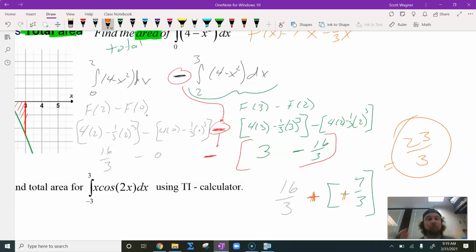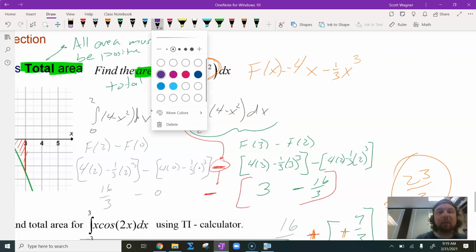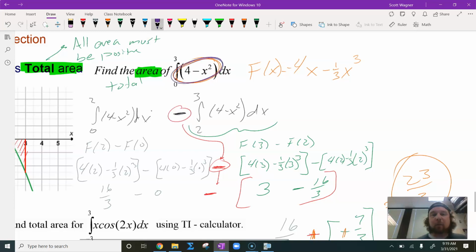So that's one way to do it: figure out all of the negatives and subtract the negatives to make them really positives. Another way to go about this is to take that function itself, 4 minus x squared, and rename the function. Ooh, you can do that? Yeah, let's rename it.